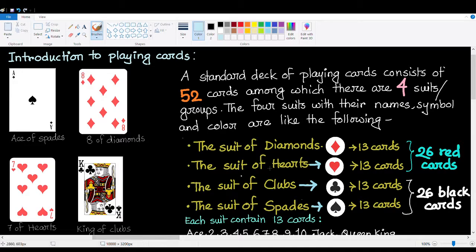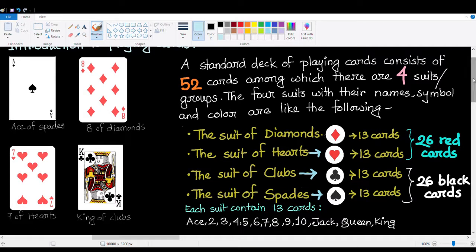In each suit there are 13 cards, and the types of cards are ace, 2, 3, 4, 5, 6, 7, 8, 9, 10, and jack, king, queen. So these are the 13 cards, and each suit will have these 13 different cards.